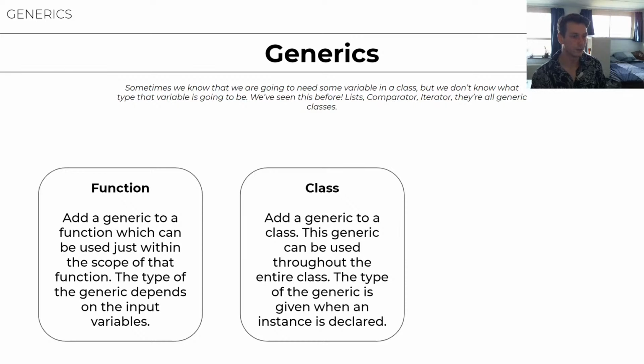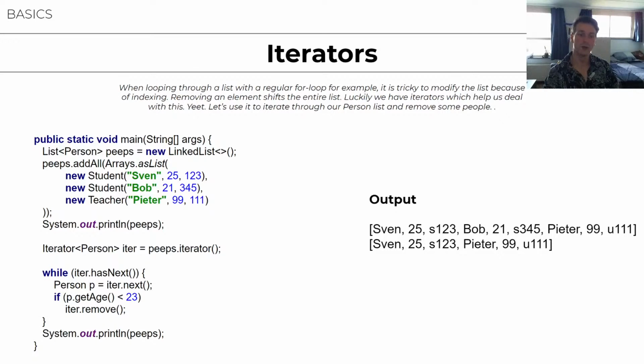There was something with modifying the list while using an iterator. Can you explain it? Well, essentially the one thing that I want to stress, if I understand you correctly, is that you can see here in the while statement that I want to remove people from the original list of people if they are younger than 23. So if they are younger than 23, I don't want to have them in the list peeps anymore.